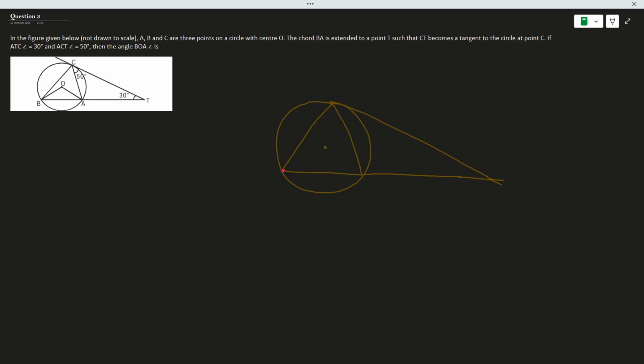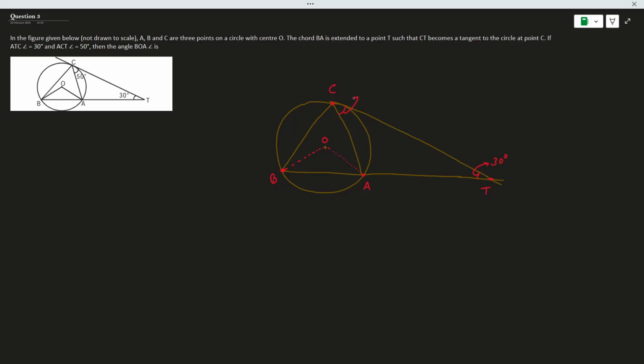So this point is B, this point is C, and this point is A. The center is O. This is T. This angle is 30 degree.